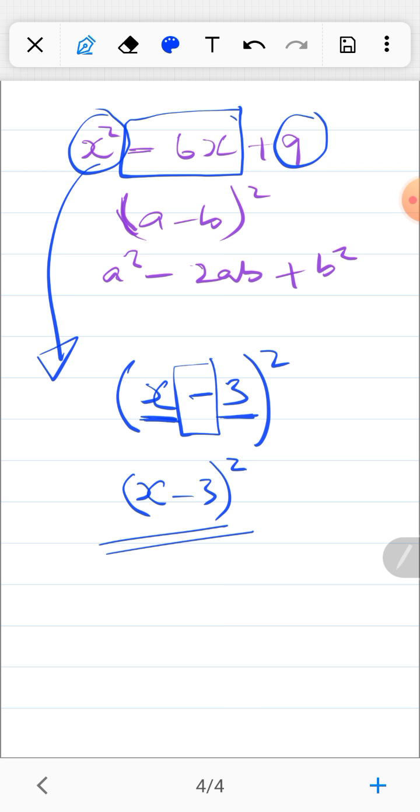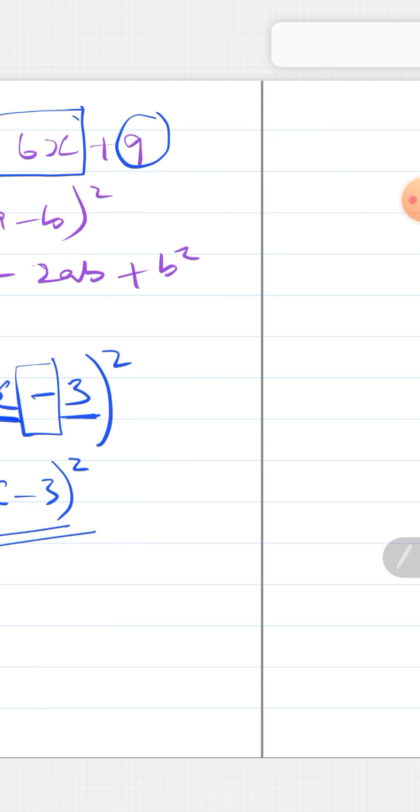So you can keep using these expressions to factor solutions like that. One last example: if I have 25x squared minus 40x plus 16, don't let this scare you at all. Just follow the basics.